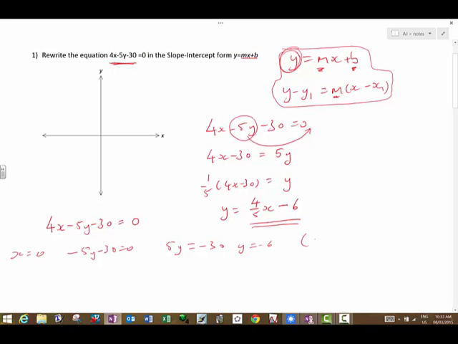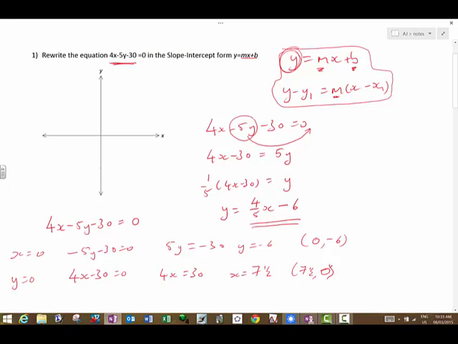In other words, (0, minus 6) lies on this line, which is of course a y-intercept of minus 6. Instead, if we let the y term equal 0, then the y term disappears and we're left with 4x minus 30 equals 0, so 4x equals 30, so x equals 30 divided by 4, which is 7.5.